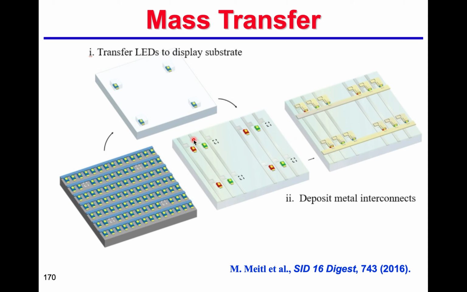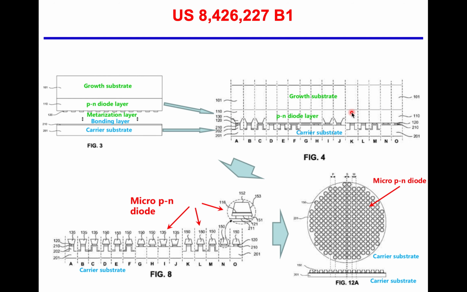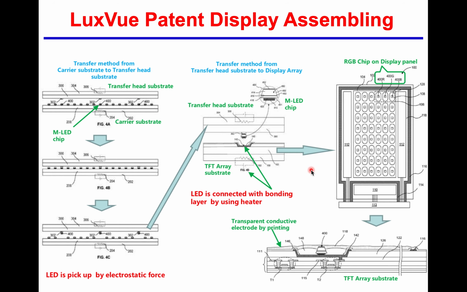And also, there are lots of transfer skills to transfer the red, green, blue from their mother substrate to the other, for example, glass substrate or TFT substrate. That is one invention in the patent to pick and press your LED. So it's for the mass transfer.